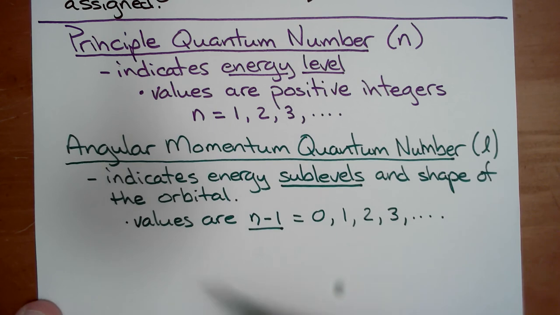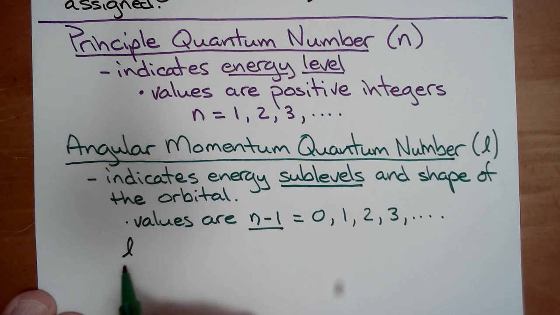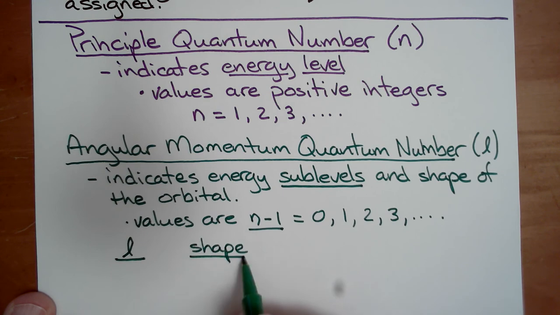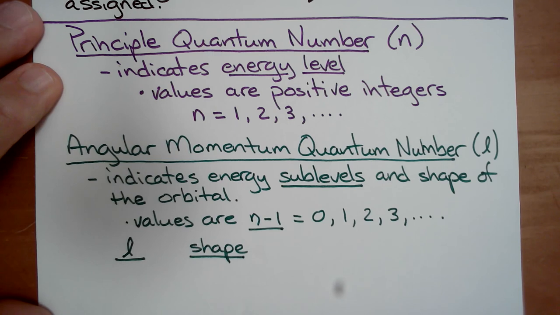Now, let's look at the quantum number l, and then let's look at the shape. And I'm also going to indicate the name of that shape right next to that. The name has nothing to do with the shape it is. It's just where we get the letter for that sublevel.